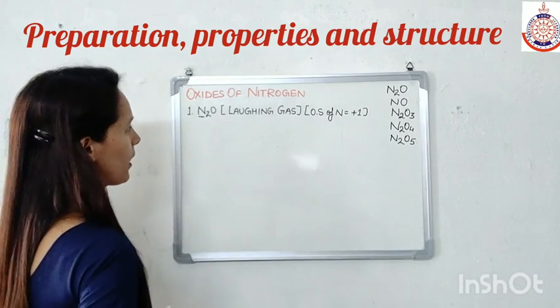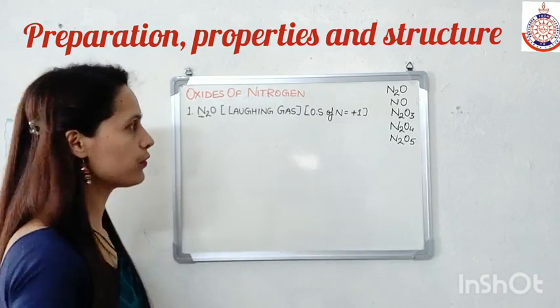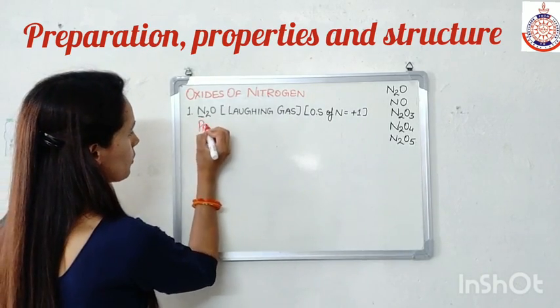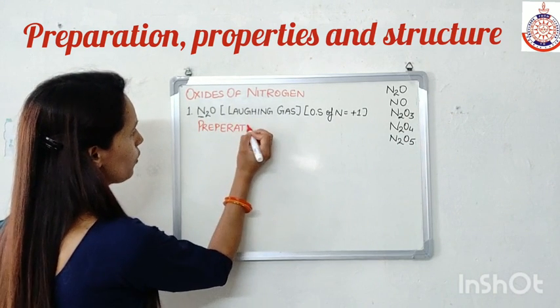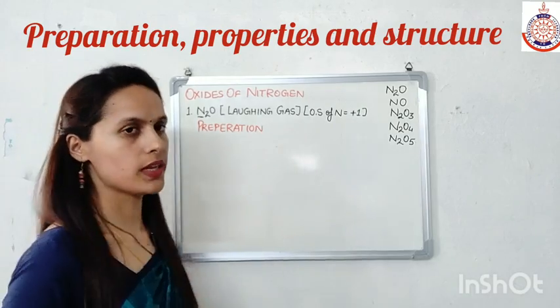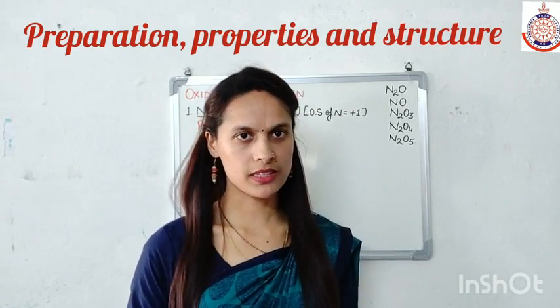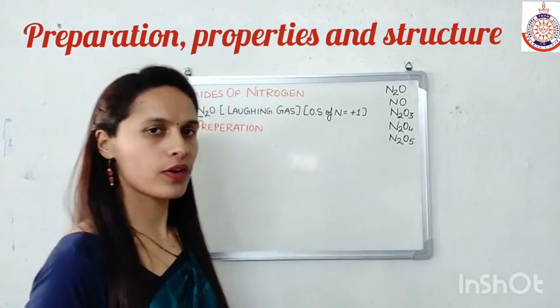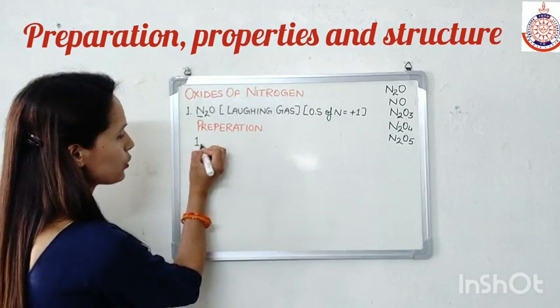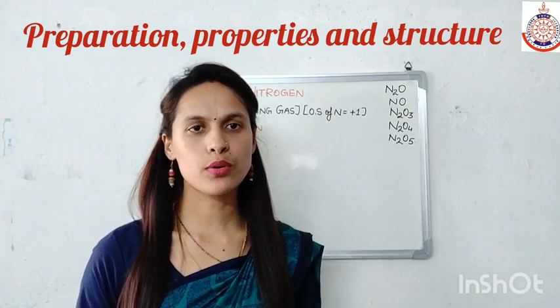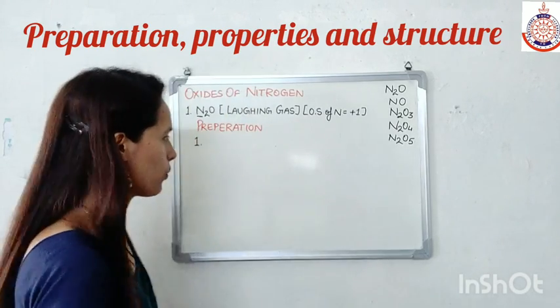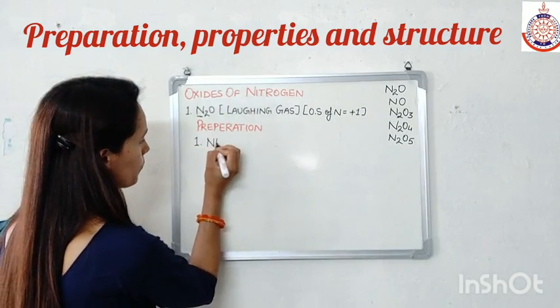Now we will talk about the preparation of N2O. We can prepare N2O by 3 methods. What are those methods? First one is the thermal decomposition of ammonium nitrate. Now what is the formula of ammonium nitrate?